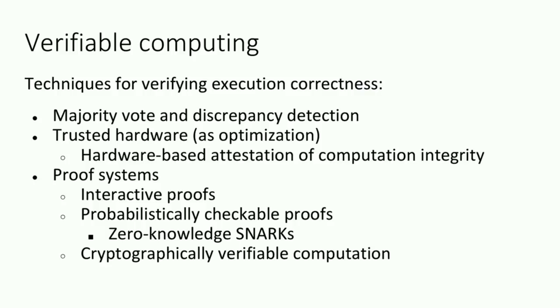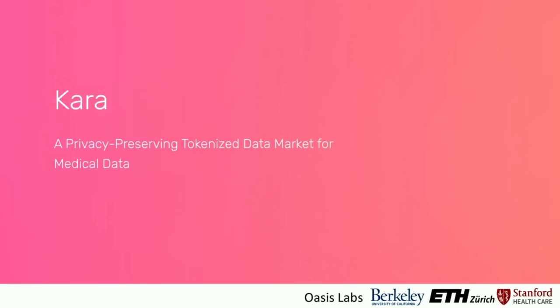We use different types of techniques for verifiable computing, including majority votes and a new approach that we developed on discrepancy detection, and we can also use other methods such as zero-knowledge proofs for verifiable computing. So putting all these technologies together, we enable privacy-preserving smart contracts at scale.